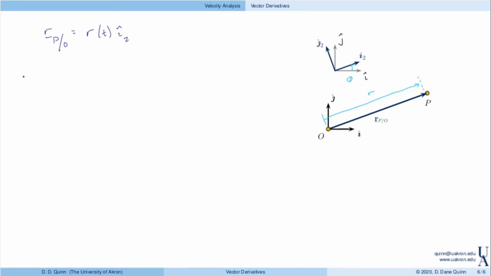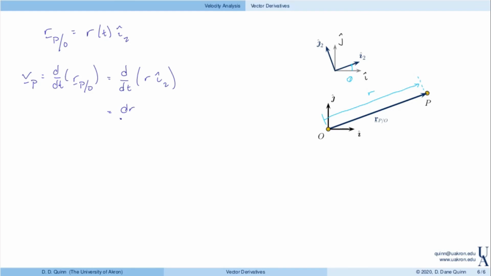So as a result, the velocity of P is going to be the derivative of this vector. And here O is fixed in the ground. So that'll be the derivative of r in the I2 direction. We'll use the product rule.